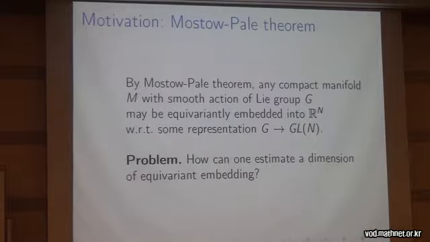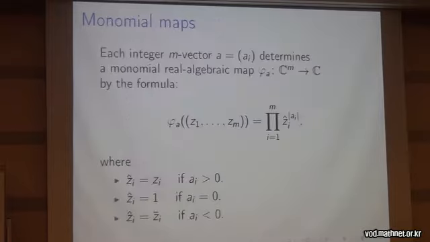So how are we going to do that? Well, our main ingredients are monomial maps defined on C^m, taking values in C, and they're very simple. Each integer vector of length m determines a real algebraic map by the following simple formula.